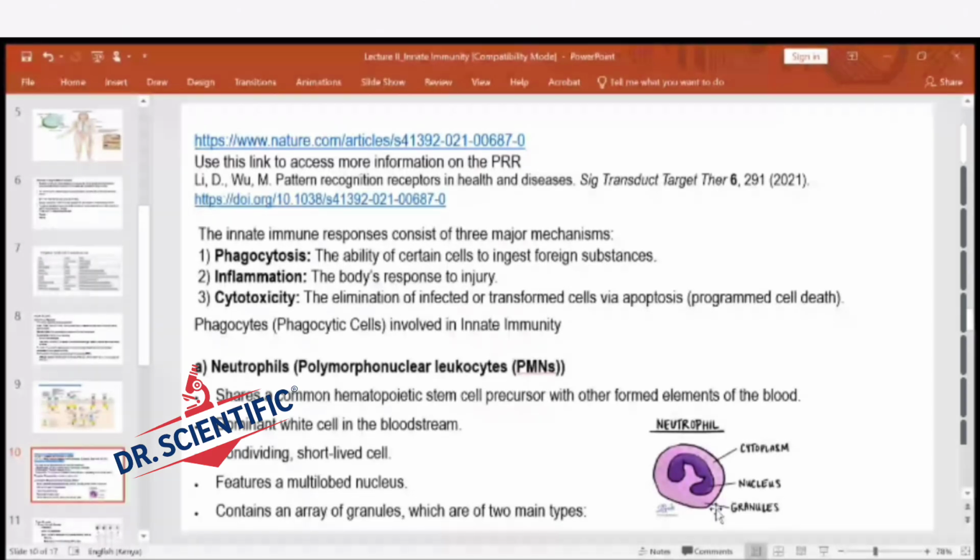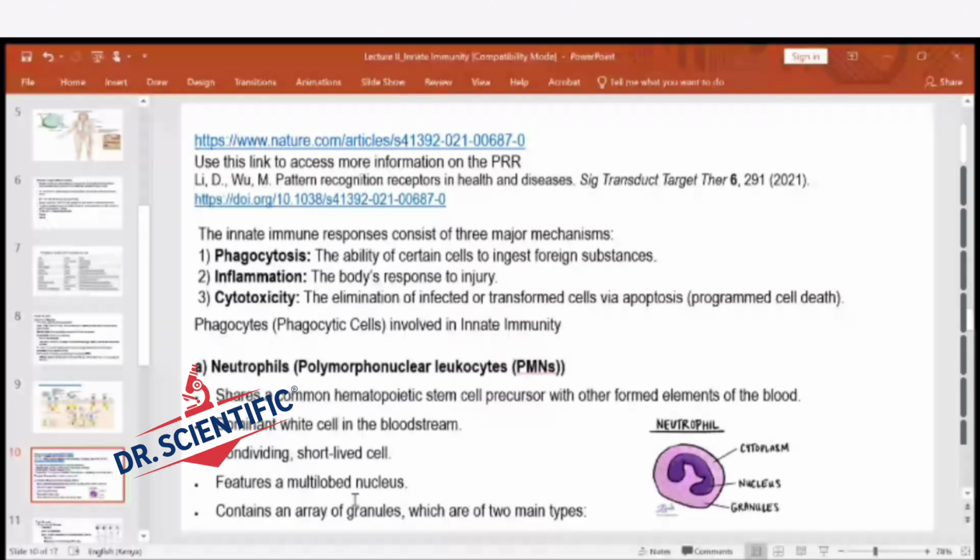They do not divide. They are short-lived. They are multi-lobed, and they contain granules. Now, these granules are important because they help us to differentiate.